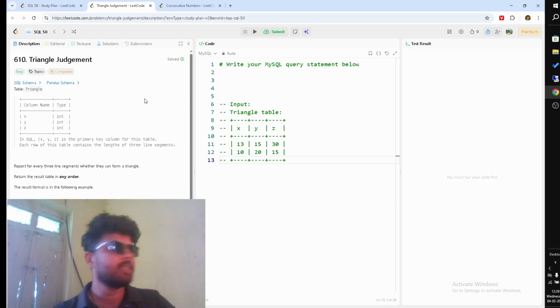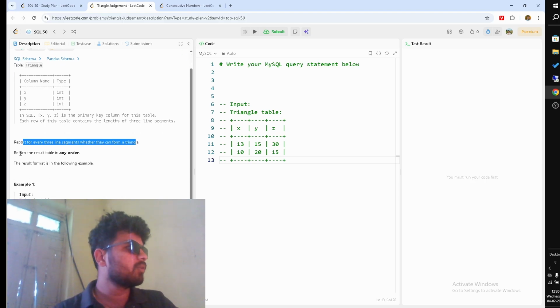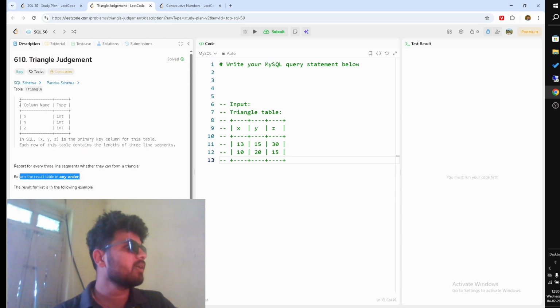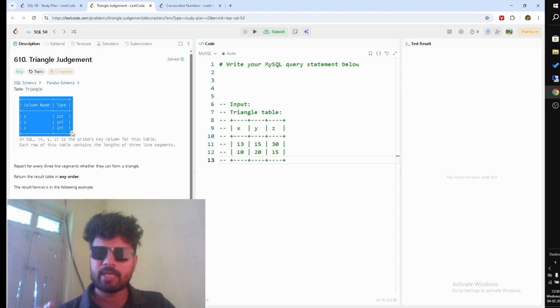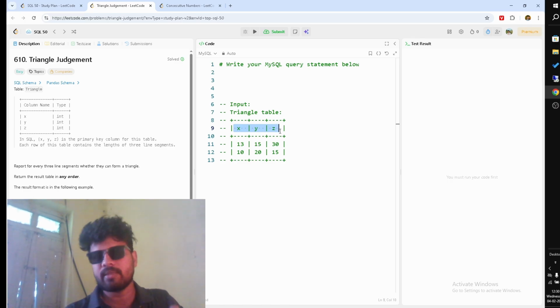That's the two parts of every problem we do in the SQL 50 series. So let's start. Let's read first. Report every three line segments that can form a triangle, in any order. As you can see, the table given to us has three columns, X, Y, and Z. These three columns represent the sides of a triangle, and we know a triangle has three sides.